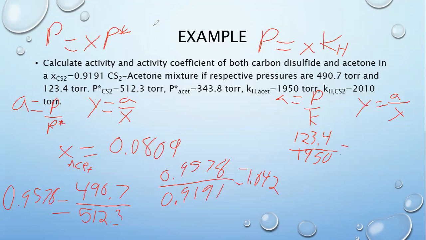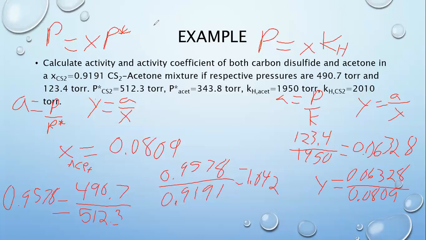Okay, that's going to give us 0.06328, and then our activity coefficient is going to be that number divided by our mole fraction, 0.06328 by 0.0809. So that's going to be 78% of what is expected. So it's actually going to be a much lower effect.